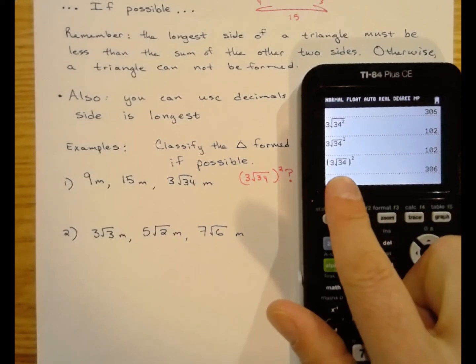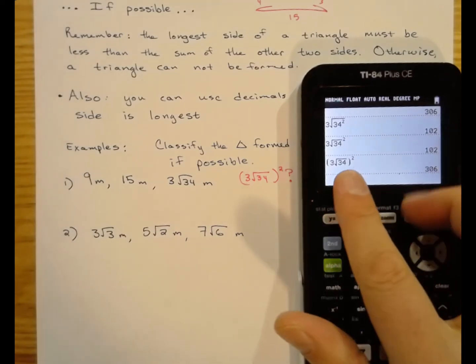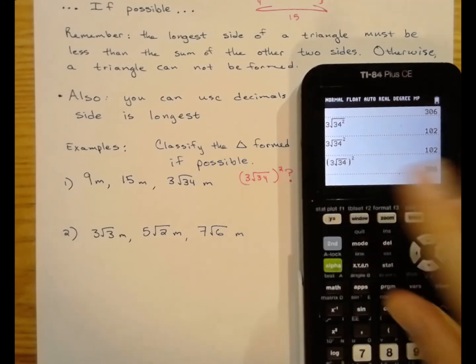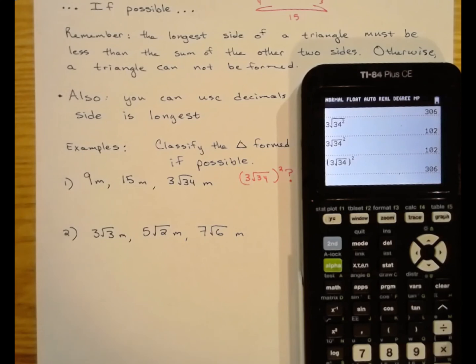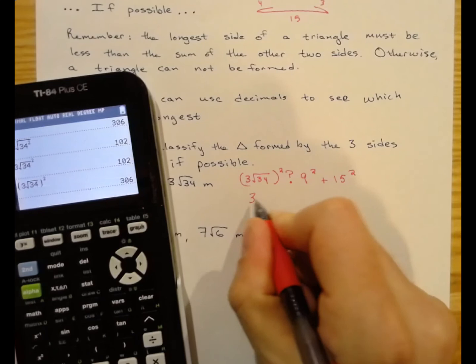which you can get by using the parentheses or the shortcut of just squaring the number outside the radical and then multiplying that by the number inside the radical. 9 times 34 is 306. Anyways, let's get back to this problem here. So we got 306.